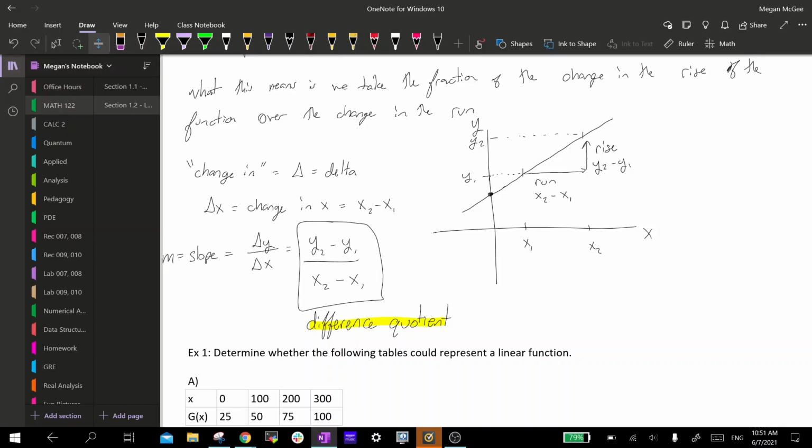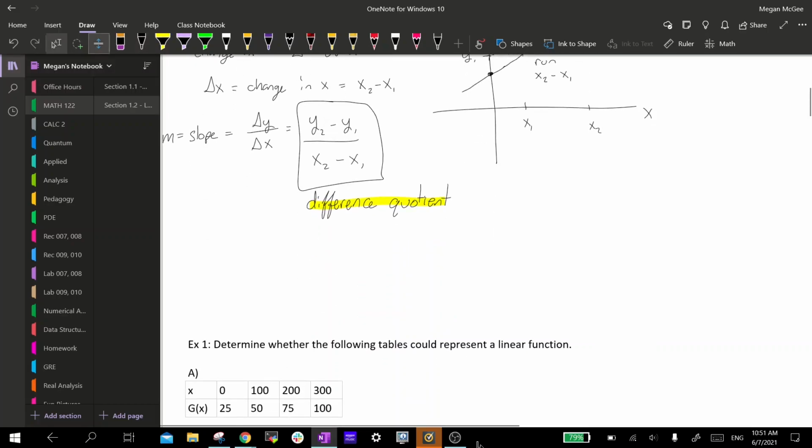Alright, so one more thing before we jump into this first example here.